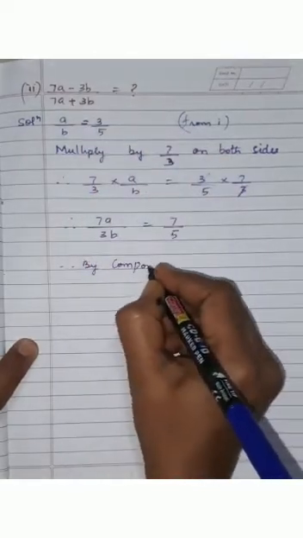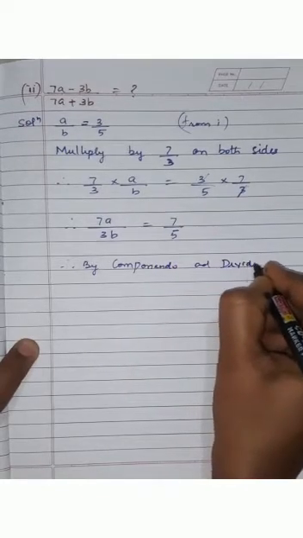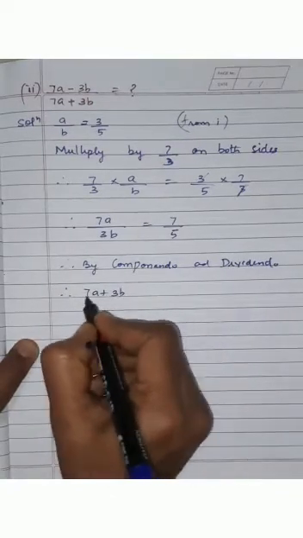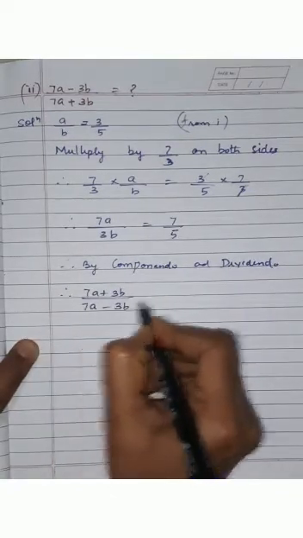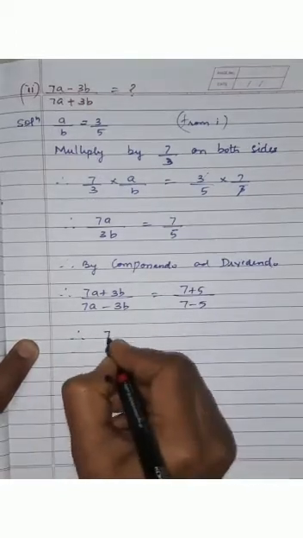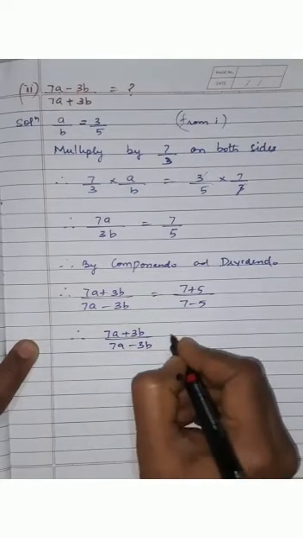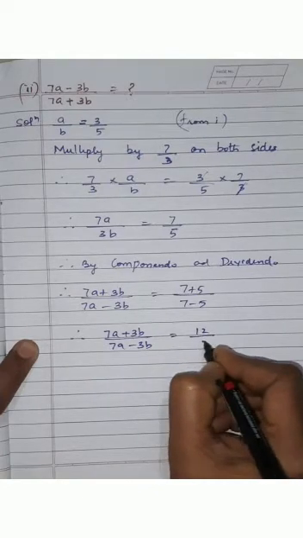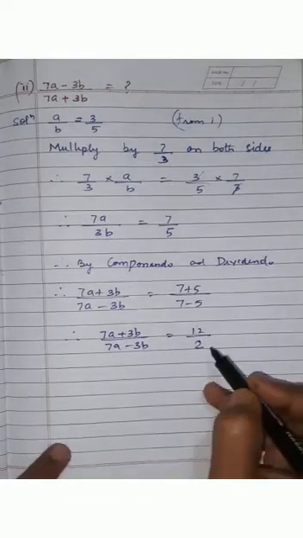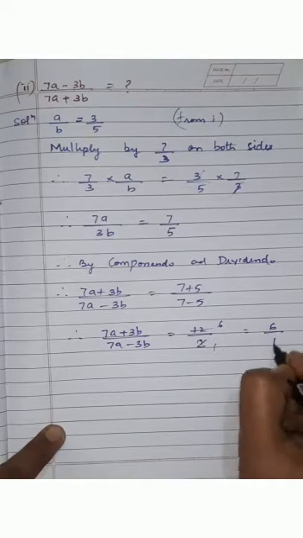Therefore we get (7a + 3b)/(7a − 3b) = (7 + 5)/(7 − 5), which is 12/2, children. Now we can reduce this: 2 ones are 2, 2 sixes are 12. So we get 6/1.